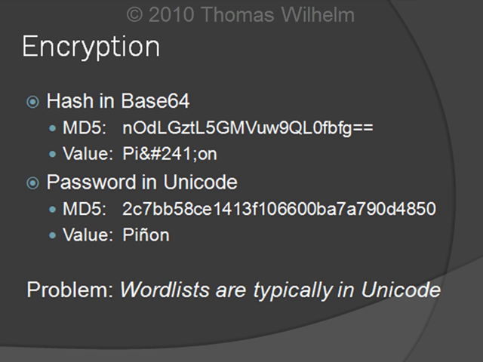The other thing we need to focus on when we're dealing with encryption is base64 versus Unicode. Now, when somebody uses an encryption algorithm, the algorithm itself does not care if the information is in base64 or Unicode.